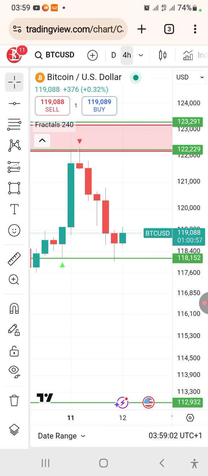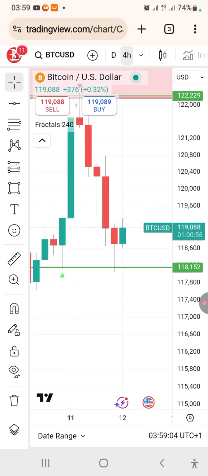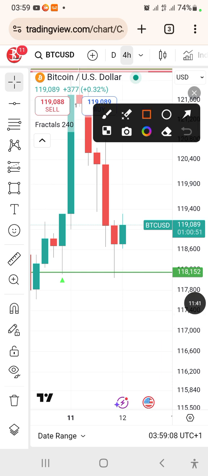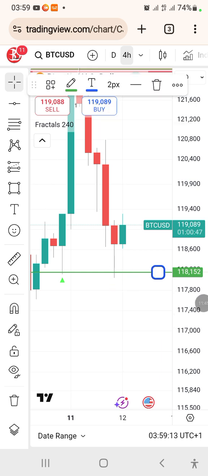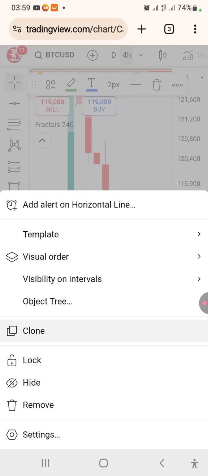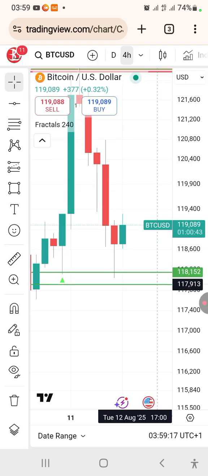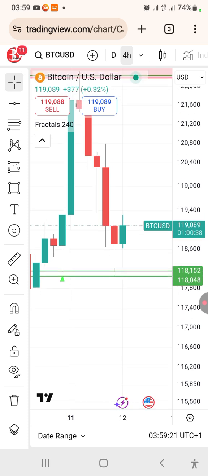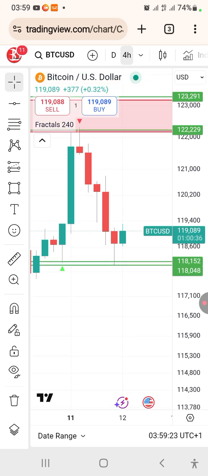Now let me see, you can see a shadow here. It's not clear, but you can see a shadow. So do what? Fix another line there. Good. So it's becoming easier for us.